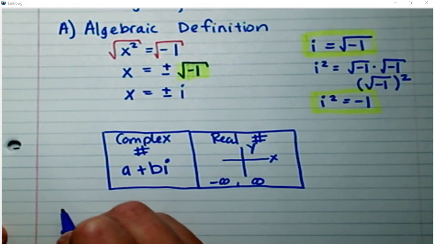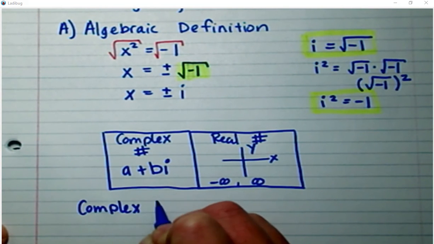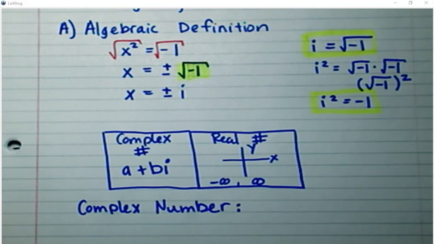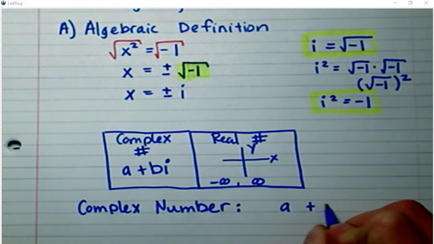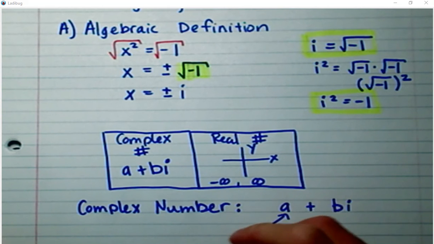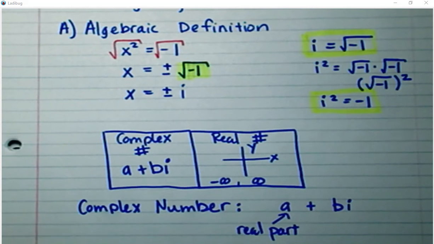So this is called a complex number. Okay, a complex number. This is the format. a plus bi. a is the real part. Real part. 1, 2, 3, 4, 5.